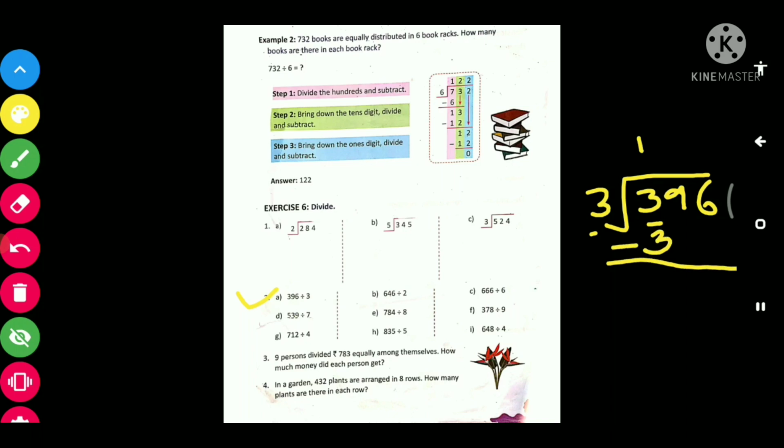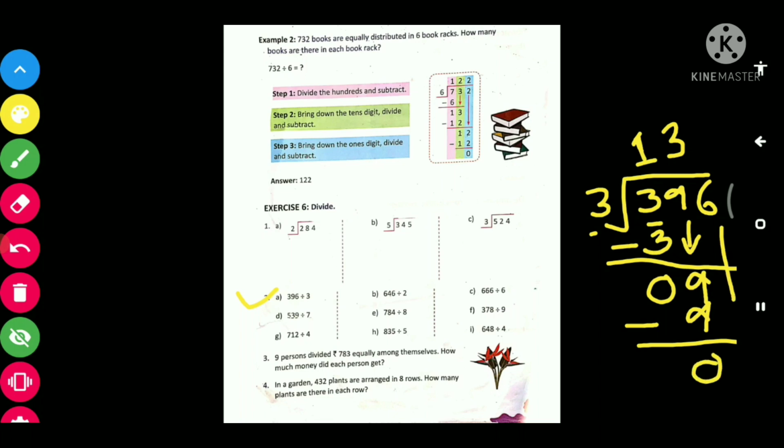After subtracting these two, we'll get 0, and this 9 will drop here. Now we know that in the multiplication table of 3, we will get 9 when we multiply 3 with 3. 3 3s are 9. Again we'll do subtraction and again we'll get 0.